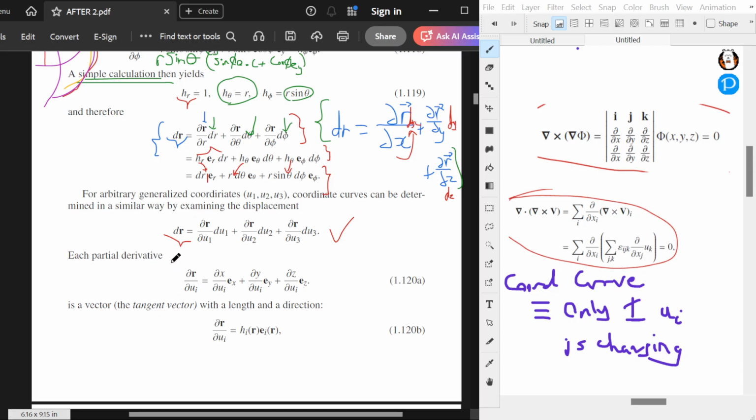Each partial derivative, I never noticed, but they put full stops. Each partial derivative equals del x del ui ex.